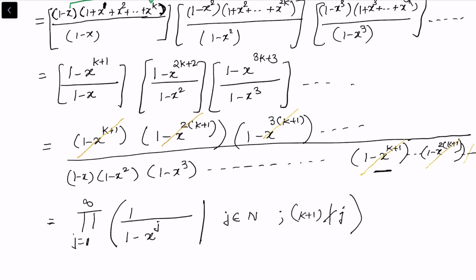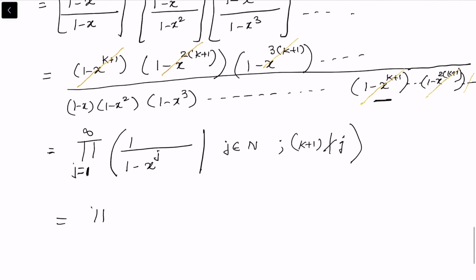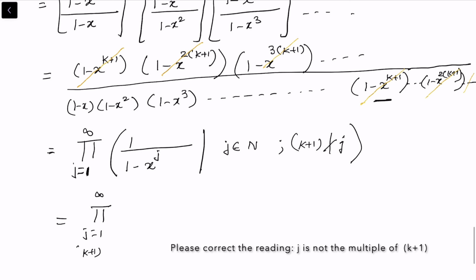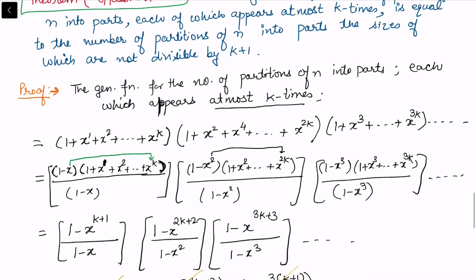So when I say 1 to infinity, that means excepting these terms, or you can write the condition here, or we can write the product with j varying from 1 to infinity such that j is not a multiple of k plus 1. So this equals the generating function for the number of partitions of n where the part sizes are not divisible by k plus 1. And that proves another partition identity.